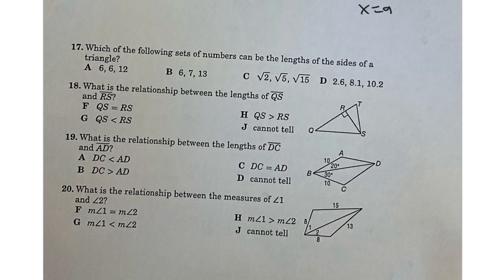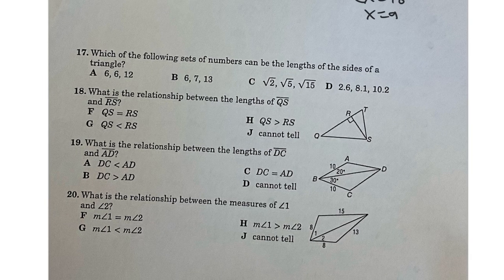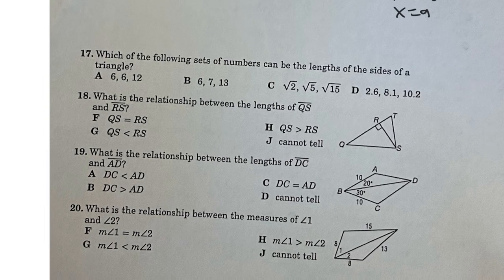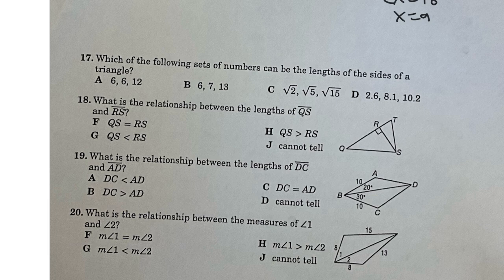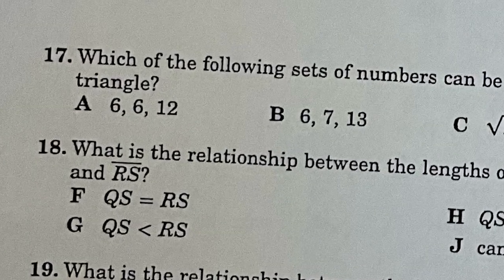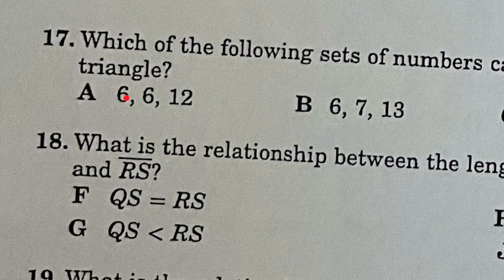Which of the following sets of numbers can be the lengths of the sides of a triangle? So we know that each side has to be less than the sum of the other two sides, but it also has to be greater than the difference of the other two sides. So is 6 less than the sum of 6 and 12? Absolutely.